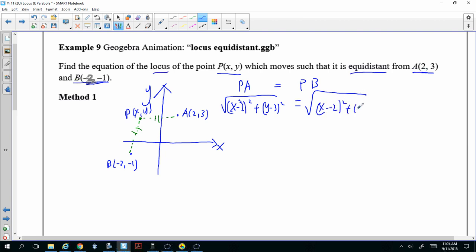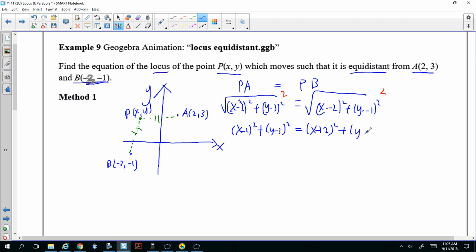Yep. And then what you need to do is to get rid of the square root like we did before, and then you end up getting (x minus 2) square plus (y minus 3) square equals to (x plus 2) square plus (y plus 1) square.